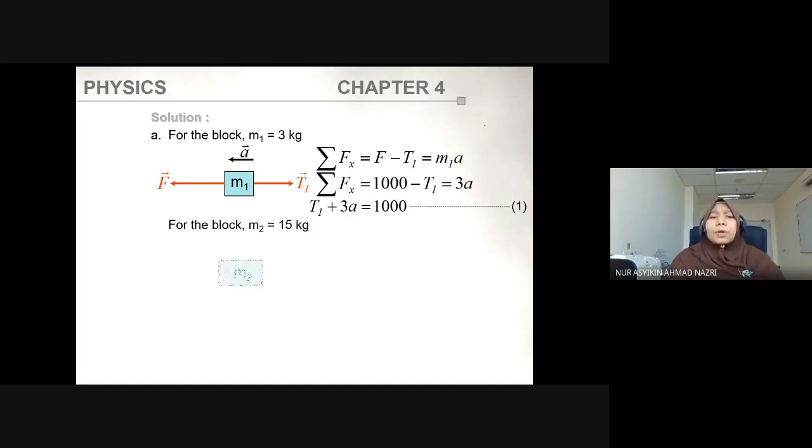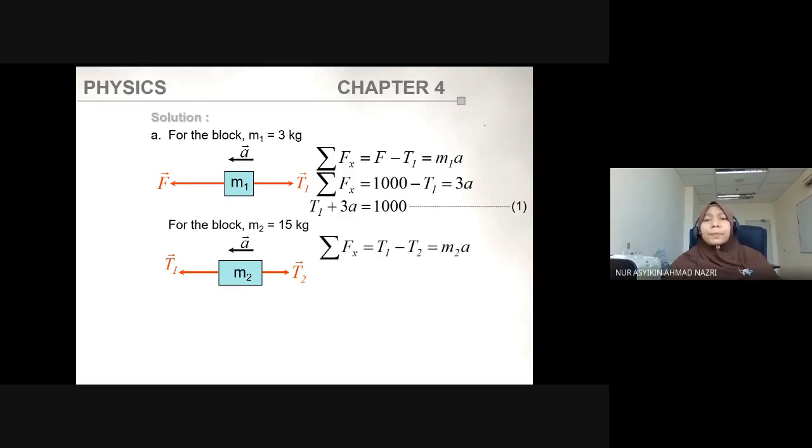Alright, so block M2 equal to 15 kilogram. Then how does the free body diagram look? So it looks like this. T1 in this direction, sebabnya tali dia kat situ. Again, tension direction is drawn away from the body.